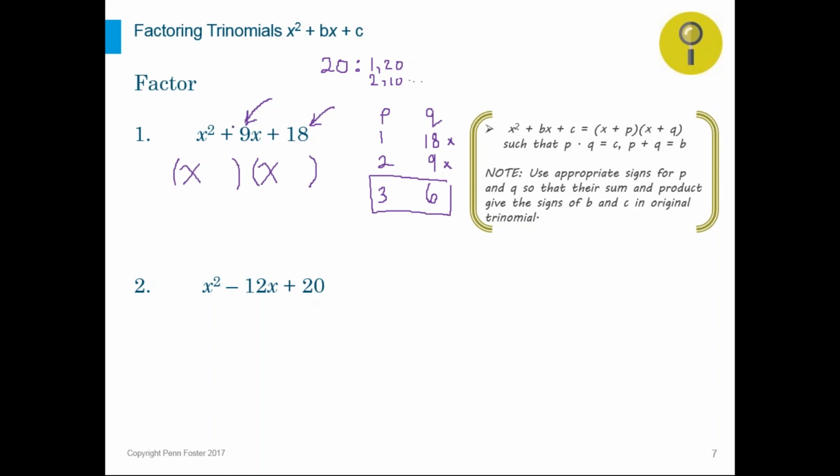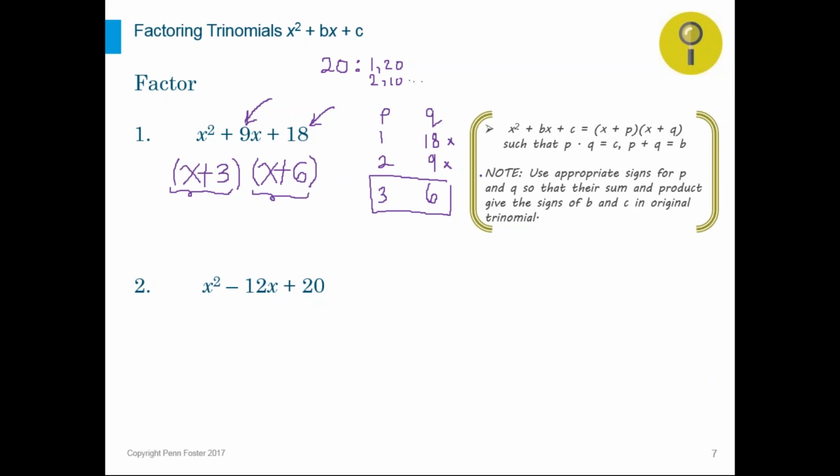But for now, because we have a plus and a plus, and we know that positive 3 times positive 6 will give you positive 9, then the signs that will appear in my factors would be a plus and a plus, since both factors here are positive. And then place the 3 and the 6 here. So x plus 3 and x plus 6 are the two factors I'm looking for for this trinomial.